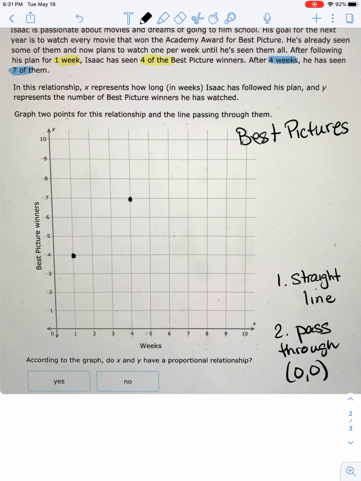Now, here's the thing about this. The 2 points determine a line, but if this were a curve, we wouldn't know it. But we're assuming, because these are the only 2 points that they've given us, that this is going to be a straight line. So that's going to be a check there.